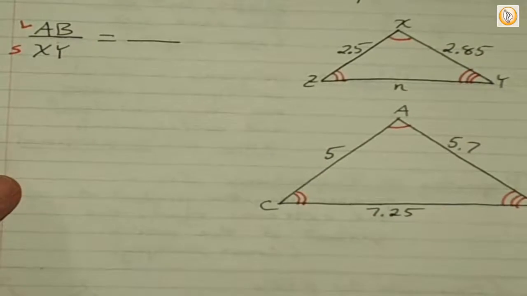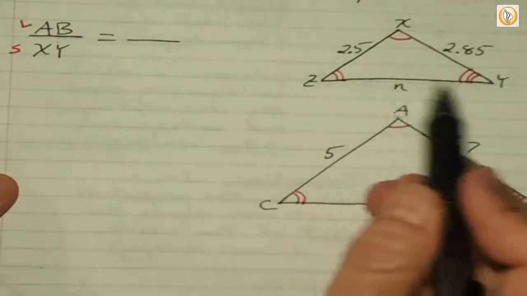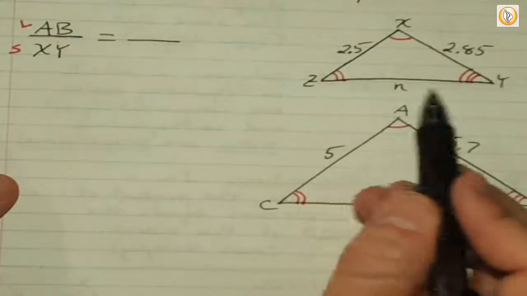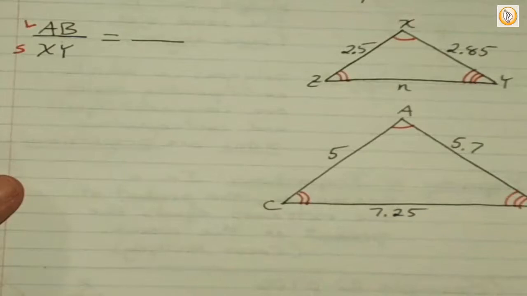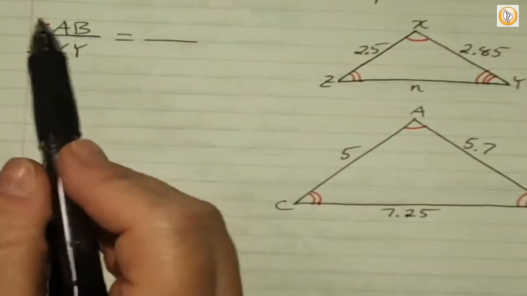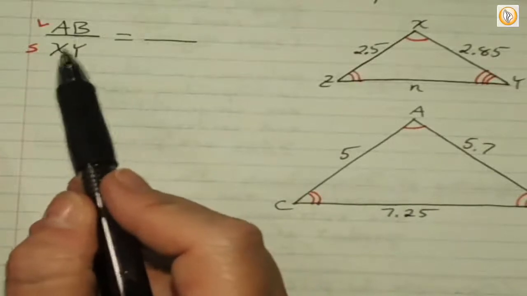Now, Cecilia, we're looking for the measurement of ZY, correct? Where do I put that, on the top or the bottom? And remember, it's a small triangle. Well, look up here. You told me AB and XY.